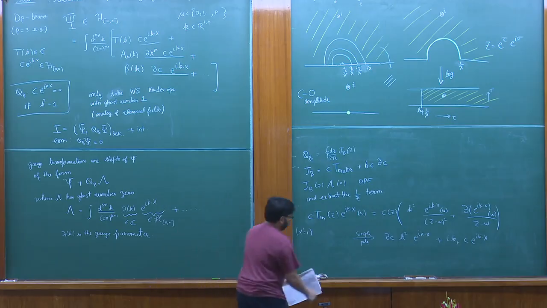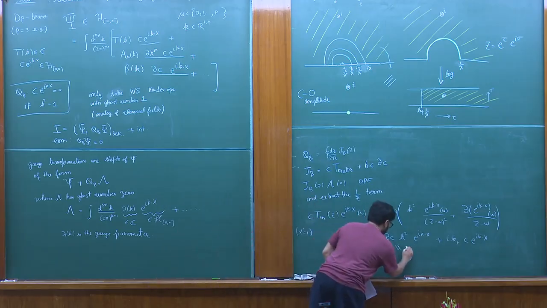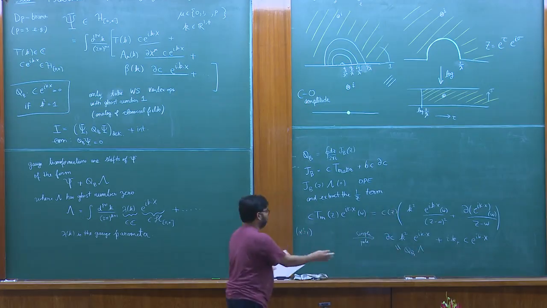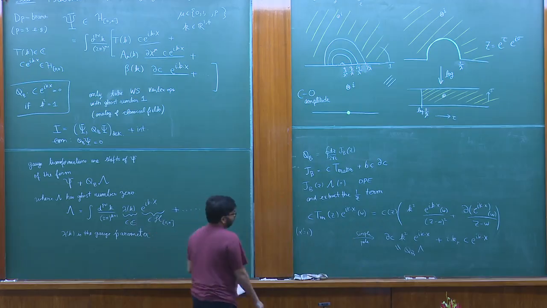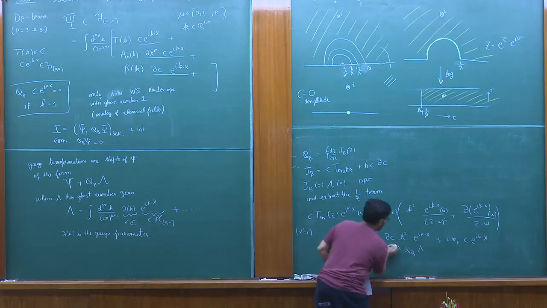So that's also equal to QB of lambda, times, I mean, the whole thing should be multiplied with lambda k because, let me write it.